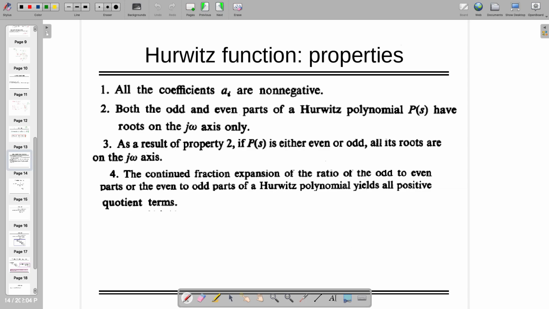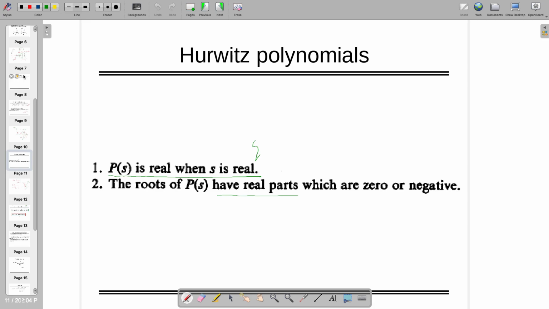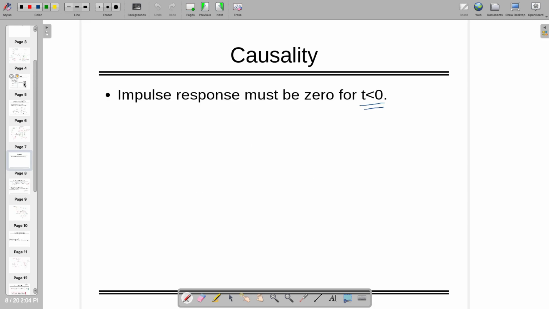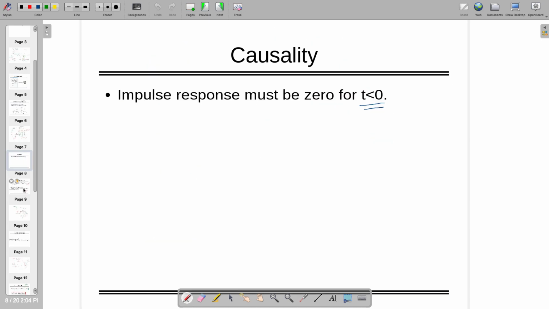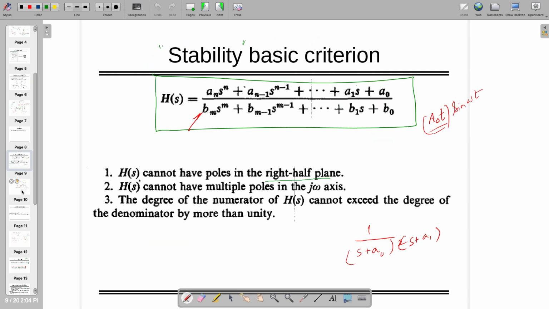There are some more properties. If this is an equation h of s written in terms of numerator and denominator, you can call it a transfer function.